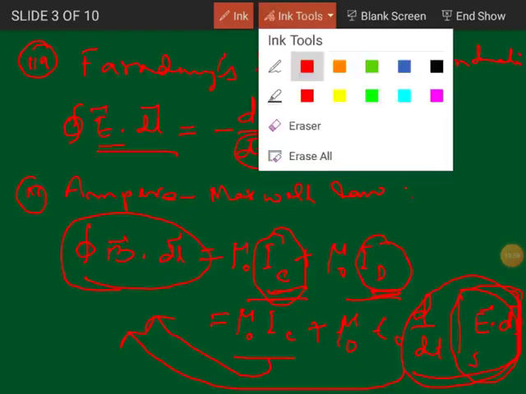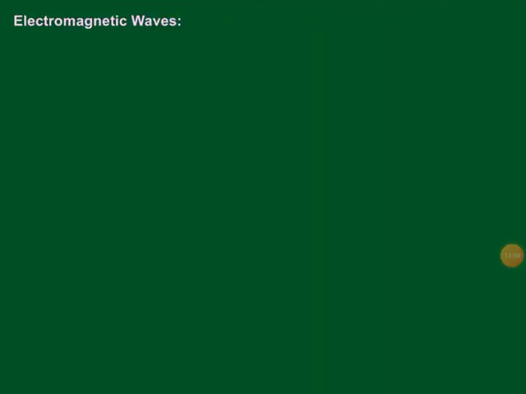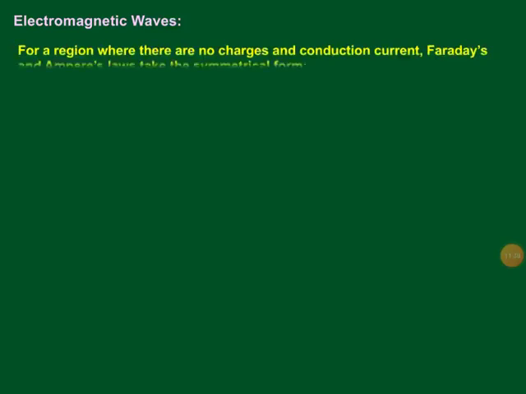Now let me erase it and let's see. For a region where there are no charge and conduction current, Faraday's and Ampere's laws take a symmetric form.